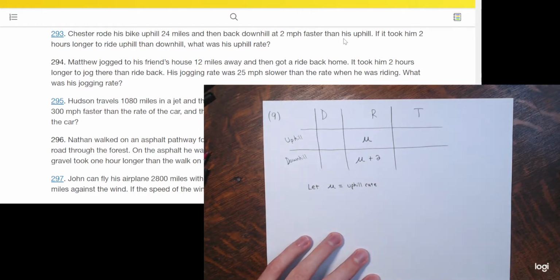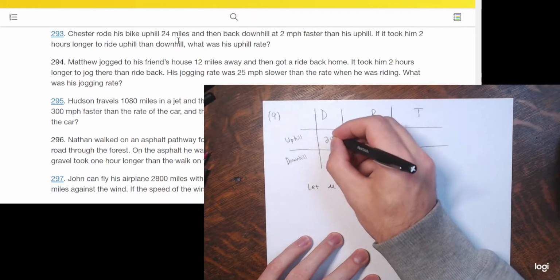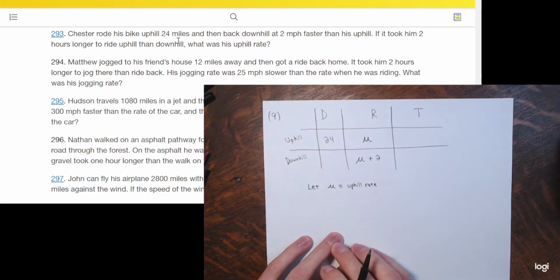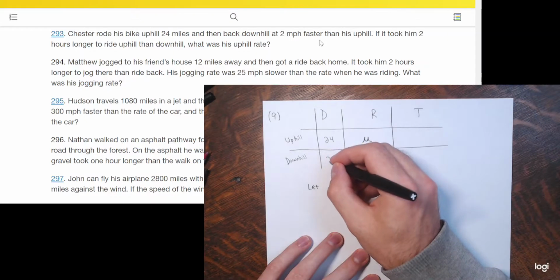Right. Then it says, first Chester rode his bike uphill 24 miles. So 24 miles uphill distance. And then back downhill, he rode the same distance. So 24 miles there as well.